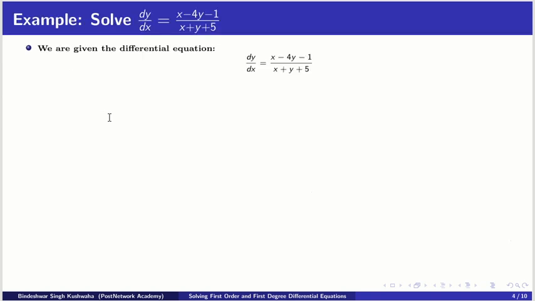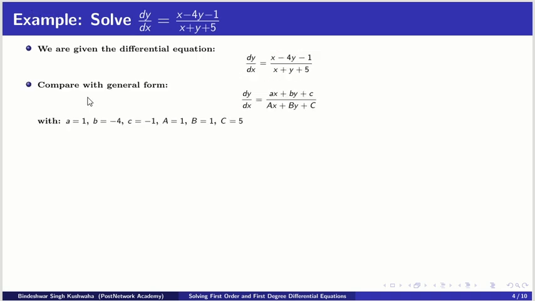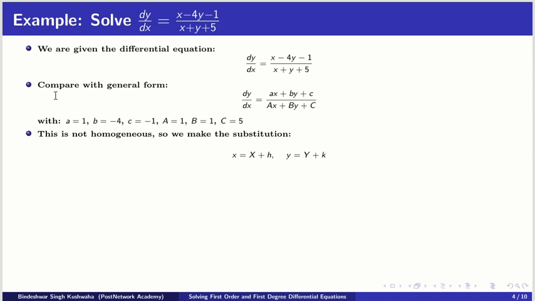Let us see an example. We are going to solve an example, and thereafter we will understand clearly. The differential equation is given, first order and first degree, so that is a differential equation. Now if we compare with the general form, we will get the values of the constants like this, and this is not homogeneous, so we make the substitution.